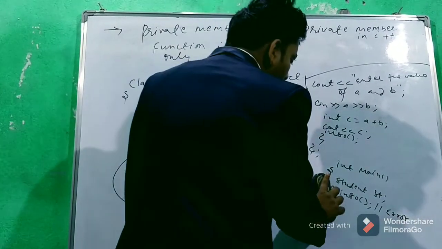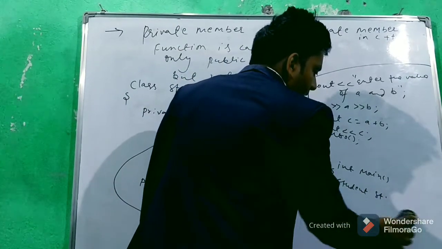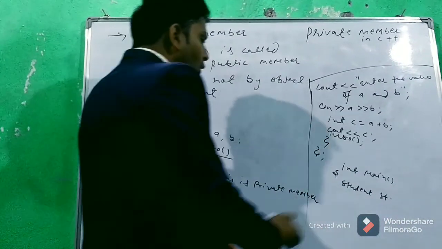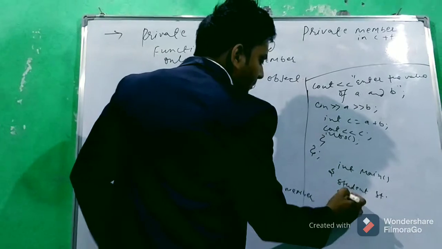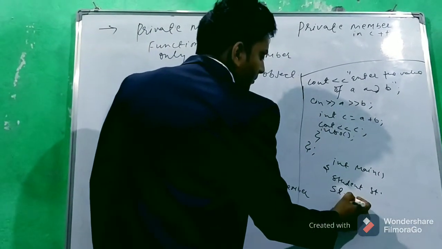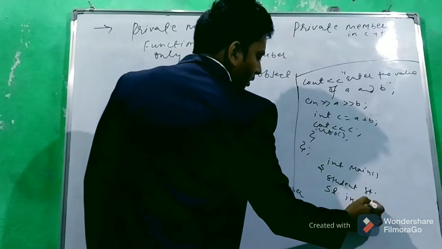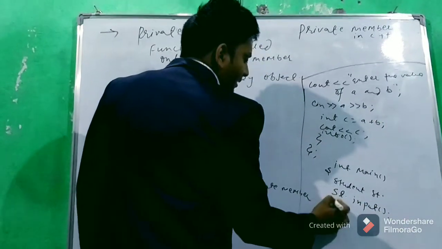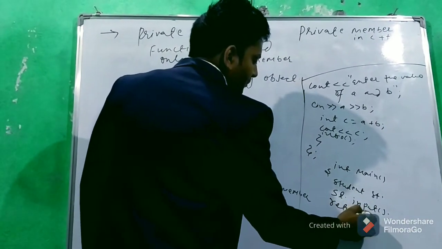That's why we are going to remove this line. We can only call the public member function. So st dot input, the input member function is a public method. We are calling this member function and then returning the default values.